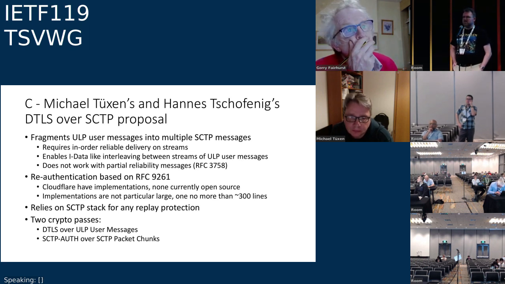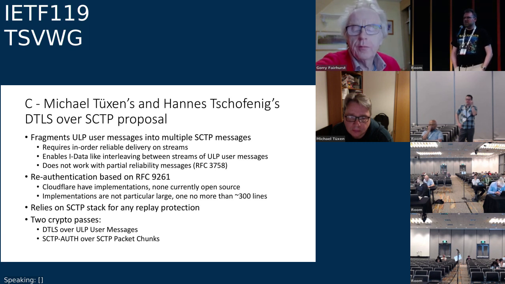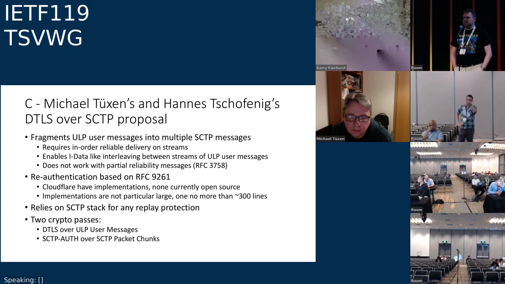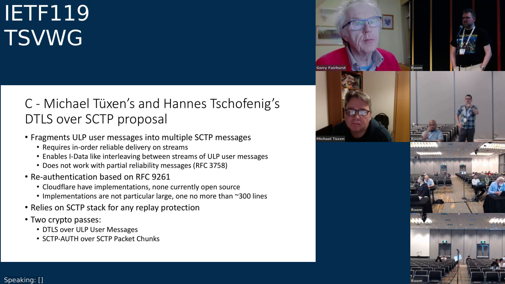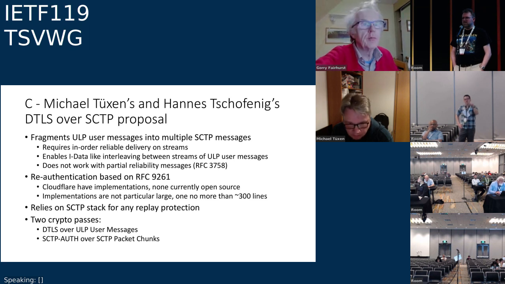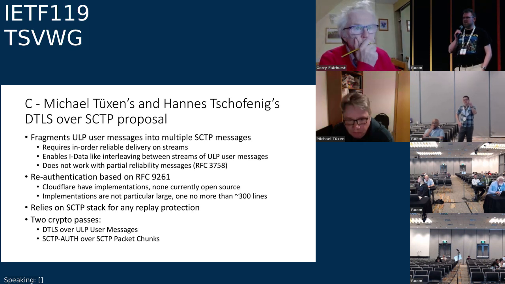Okay, so if I understand correctly, the IPR for A and B applies to DTLS over SCTP, not SCTP. This would not affect SCTP in the kernel. It would affect OpenSSL or whoever else happened to try to do this open source.